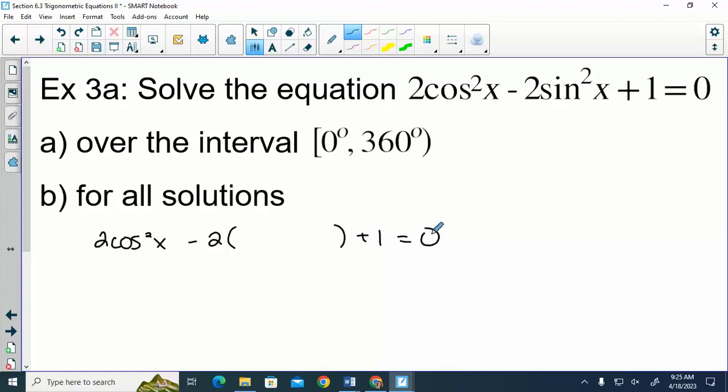What is sine squared equal to? 1 minus cosine squared x from that Pythagorean identity. So I'm going to get 2 cosine squared x. If I distribute my -2, so minus 2 plus 2 cosine squared x plus 1.